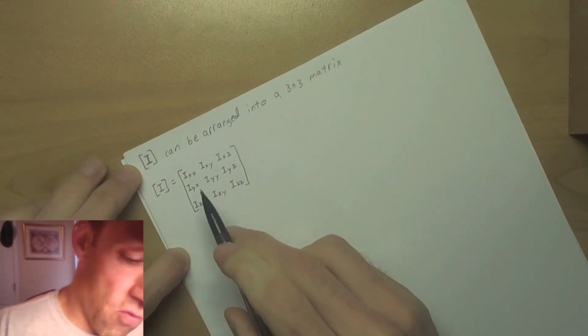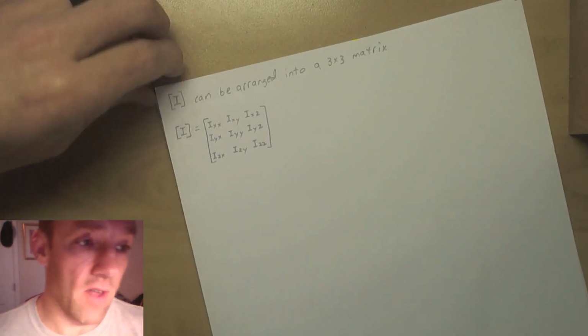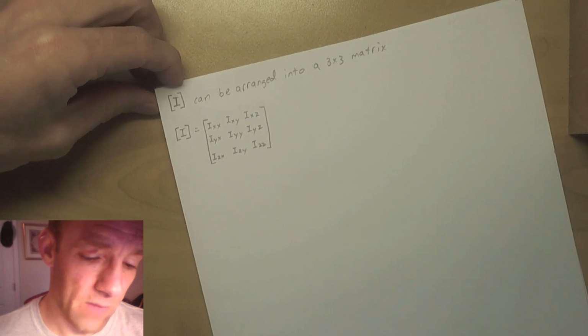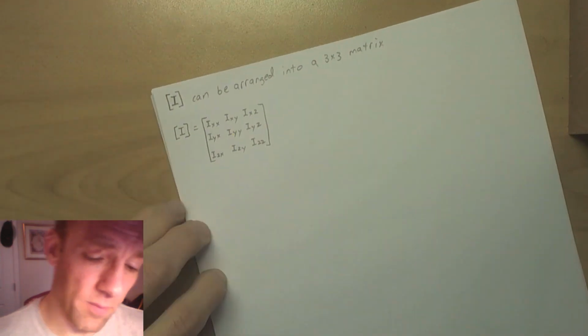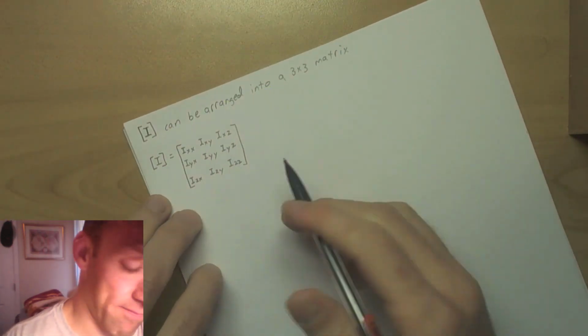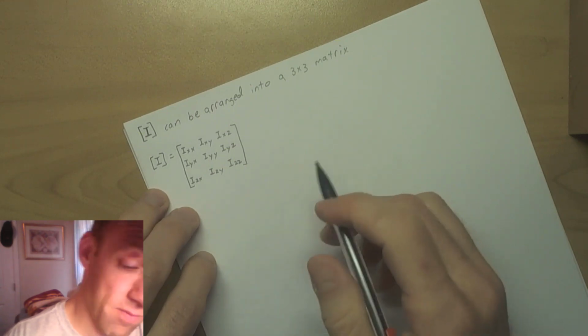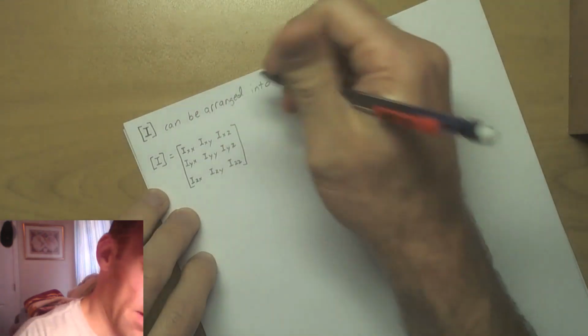Now, this is a representation of a tensor. It's not the actual tensor itself. That's not going to be an important distinction for this class.